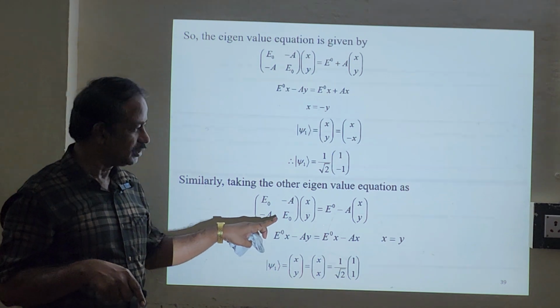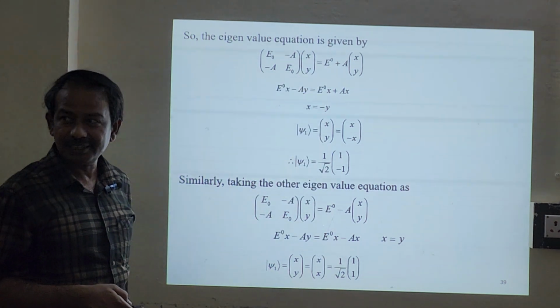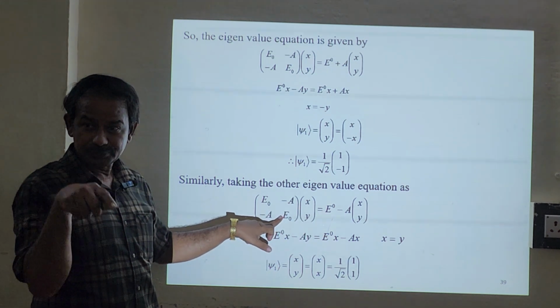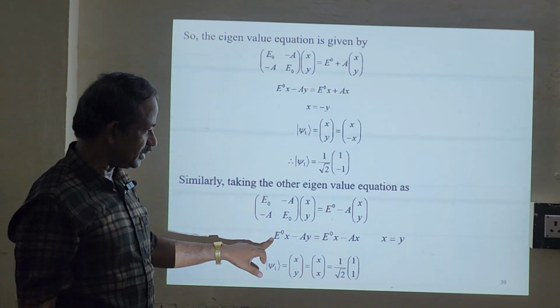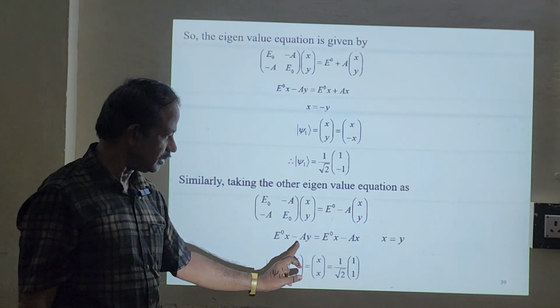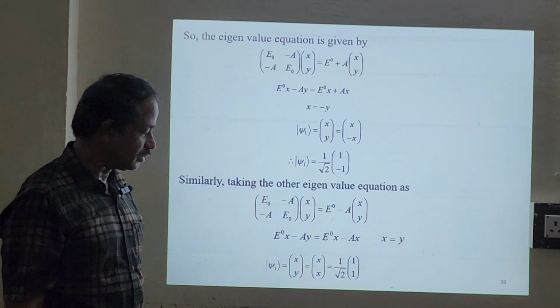Now the eigenvalue is E naught minus A, so this is for ket 2. As usual, simplify this matrix equation. The minus minus will cancel, a also will cancel, and you will have x equals y.